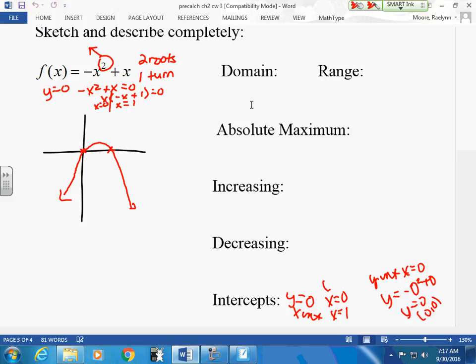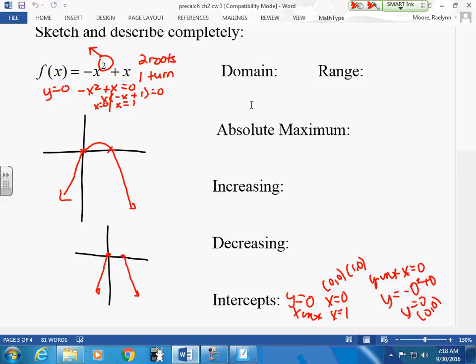So I have 2 points already, (0, 0) and (1, 0). My parabola is opening down, so the ends have to come down.